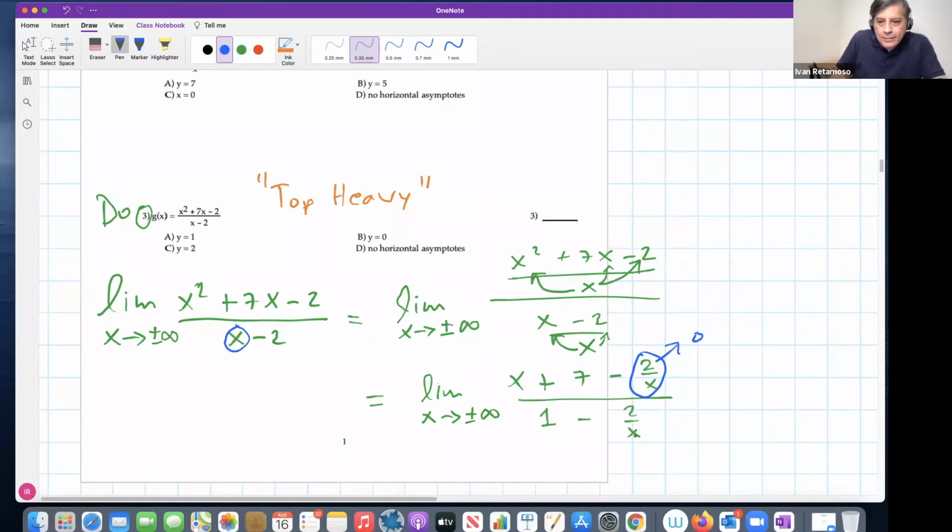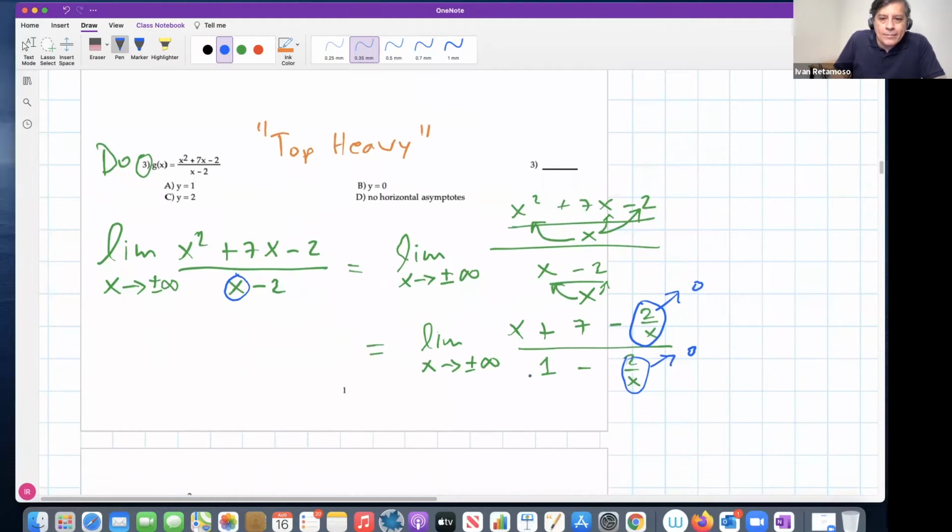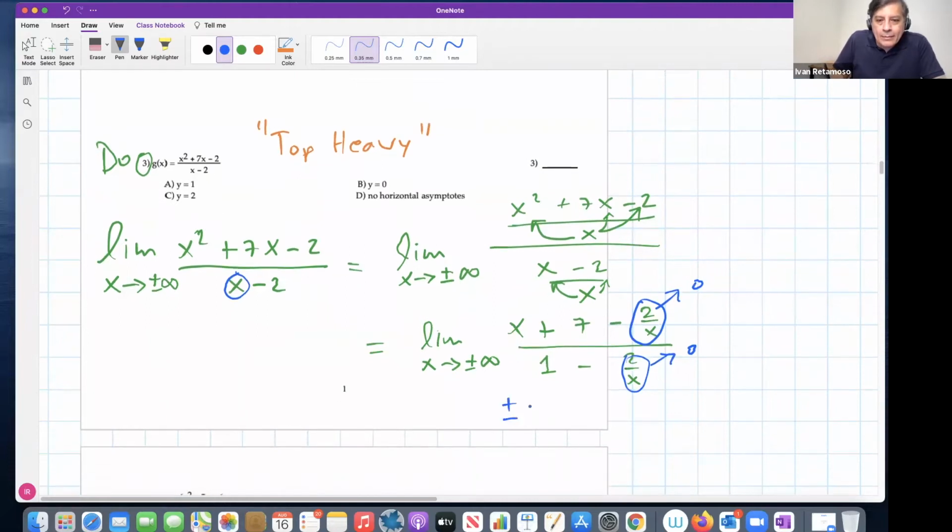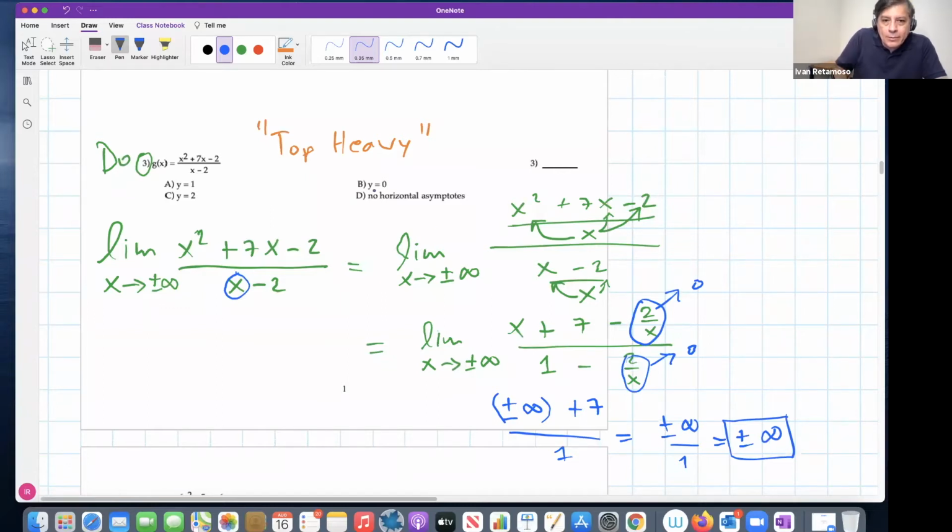This one doesn't go to 0. This is instead plus or minus infinity, right? Plus 7 is a constant, and 7 is nothing for plus or minus infinity, so it gets absorbed, and plus or minus infinity divided by the number 1 is just itself. So we get something that is not a real number, so therefore we have to say no horizontal asymptote.